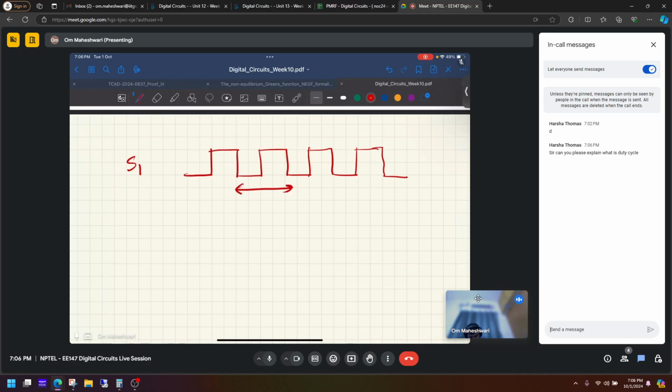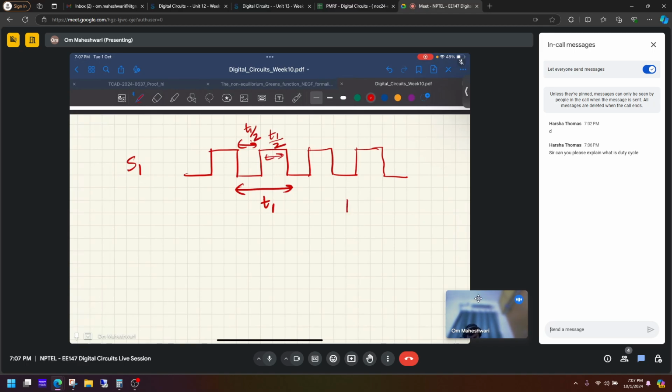The time period of the signal is, let's say, T1. Now, what is the time period where it is on? Let's say this is T1 by 2. This is also T1 by 2, off time and on time.